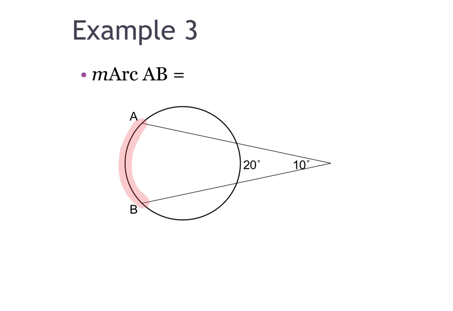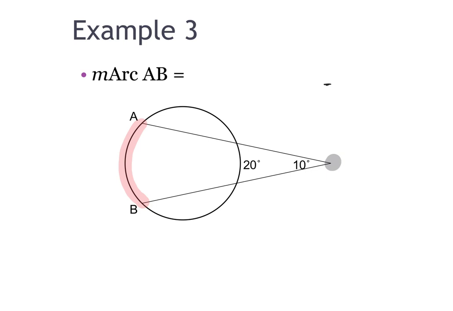Example 3. We want to find the measure of AB. Take a look at the angle. Is our vertex inside or outside the circle? Outside, okay? So we know right off the bat we're going to use subtraction in our formula.